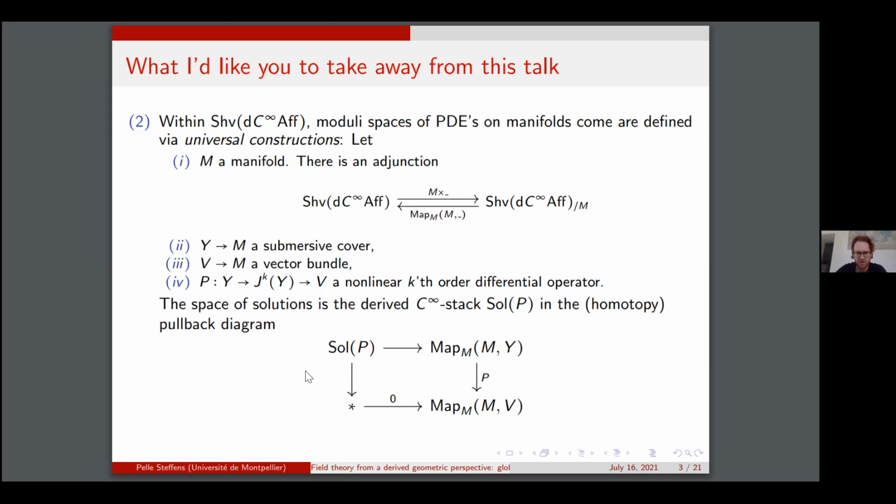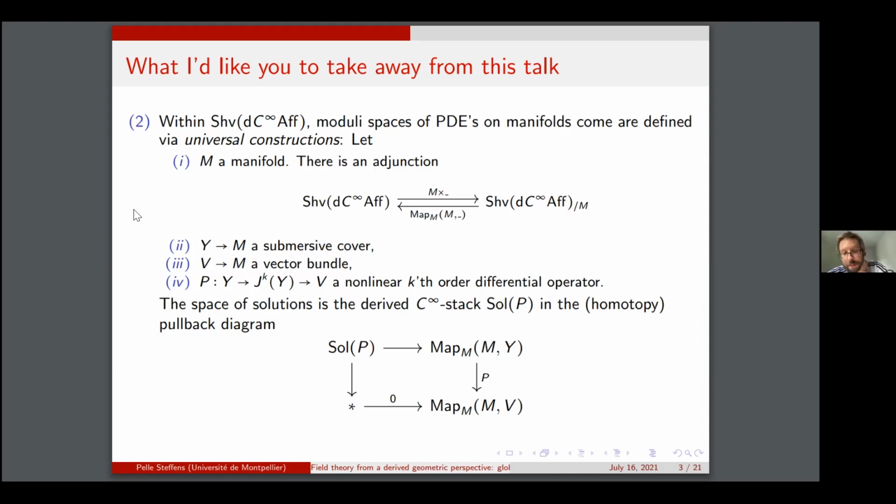This is why the gauge theory result is a bit more annoying to state, because you have to demand that slices exist for the gauge group action in order to produce these Artin atlases. And that tends to be not so clean.